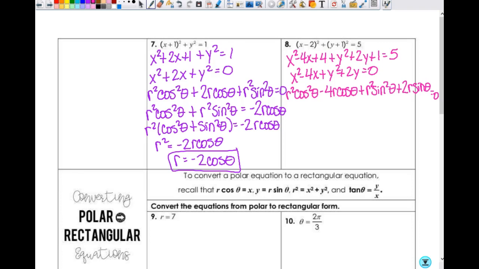Once you get it all substituted in and set equal to 0, then do basically the same thing we did on the other one. Move everything that doesn't have an r to the left, everything that does have an r to the right.